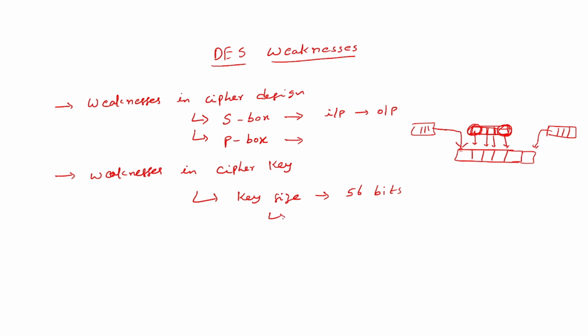That means the key domain is 2 power 56. The attacker, to do a brute force attack, needs to check 2 power 56 keys.